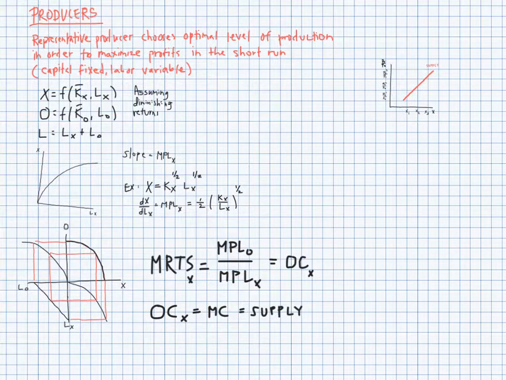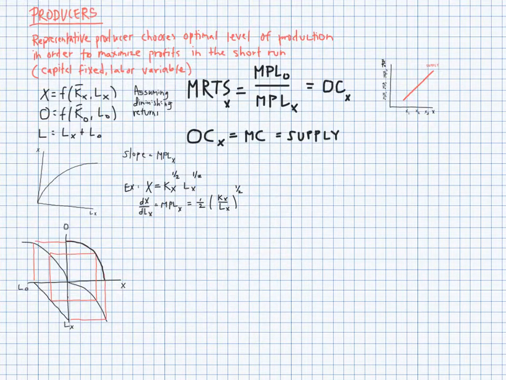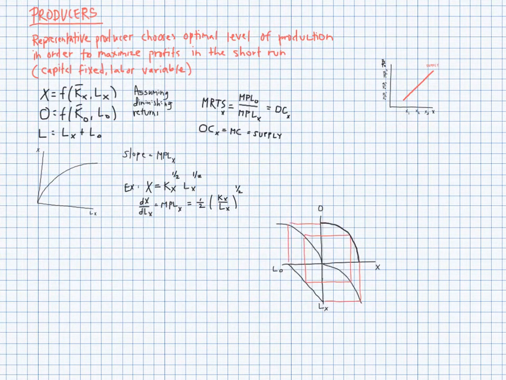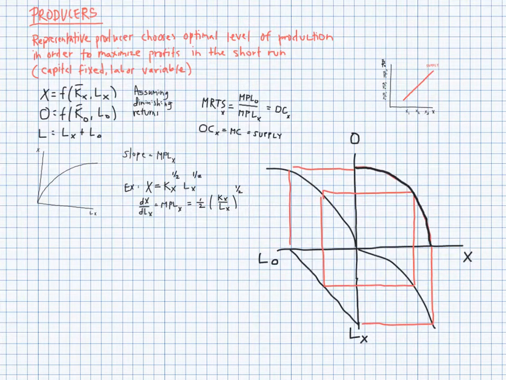So what we have done here, let me just be a little bit more careful about it. So if we go back to this one here, you can see here's a relative price, so this will be px divided by po. If I were to increase the relative price, you can see that this one will get steeper.